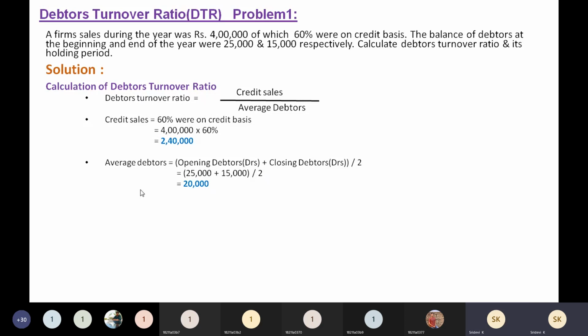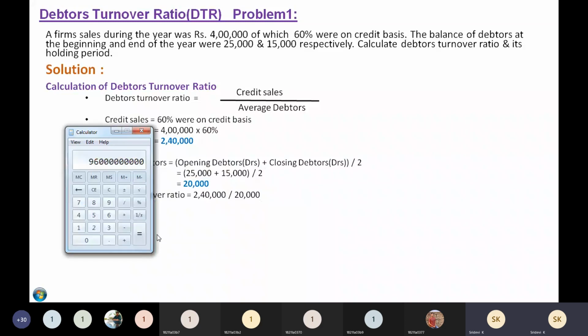Okay. So now we have credit sales as well as the average debtors. We can substitute these values in the formula for DTR, right? So let us substitute that. Debtors turnover ratio is equal to 2,40,000 divided by 20,000. How much is it?